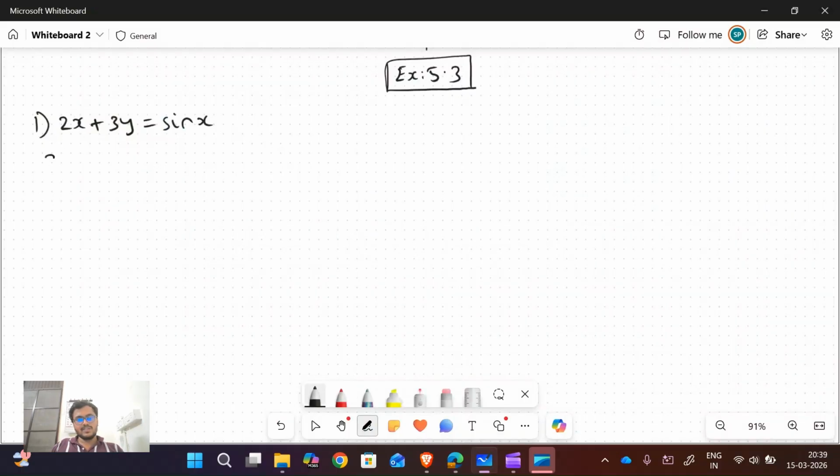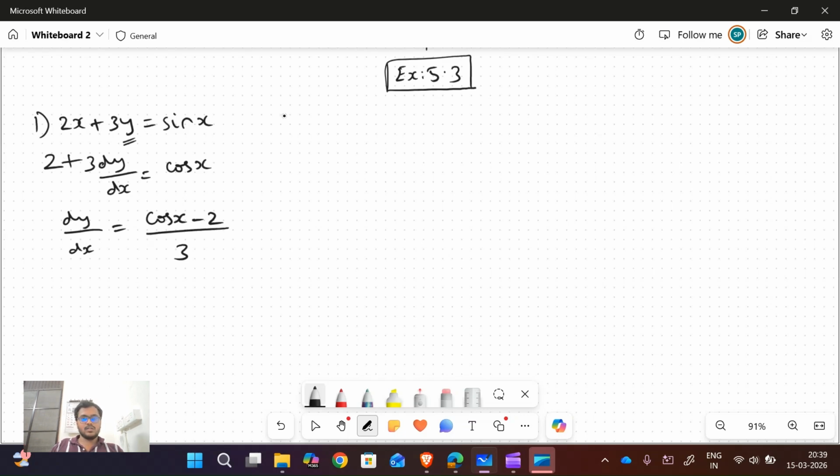Okay. 2x differentiation is nothing but 2 because x's differentiation is 1. Plus 3 is a constant, keep it like that. Y's differentiation is dy by dx. Right? Sin x differentiation is cos x. That's all. Now just bring everything this side. Dy by dx is equal to cos x minus 2 by 3. That's all. That is the answer.